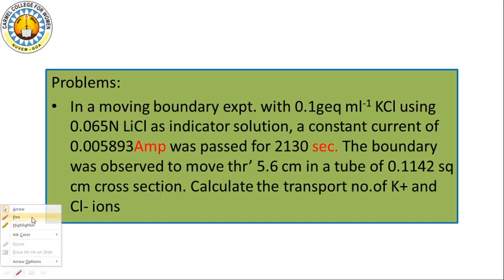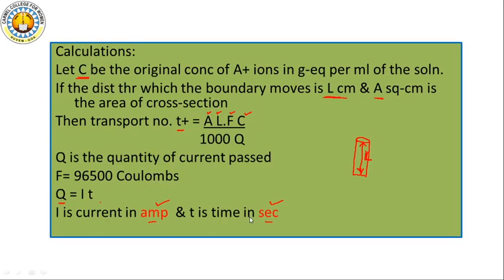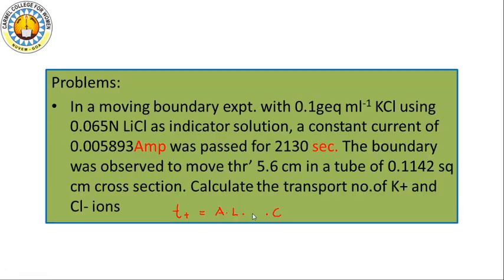So what you have to do is, you have to find out the transport number of T plus ions. Transport number is A into L into concentration into, come on tell me, let's go back if you have forgotten, ALFC.